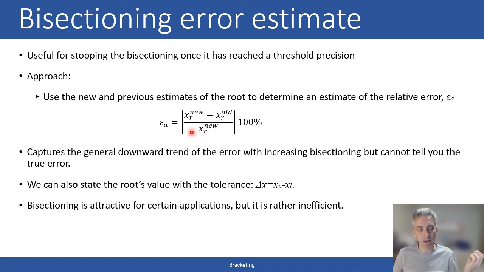We can then say, okay, we want our estimate of the root to be accurate to within 1% of its value, and then if this percentage error becomes smaller than 1%, then we can tell the bisection method algorithm to stop bisecting and to output the root to within some specified tolerance.